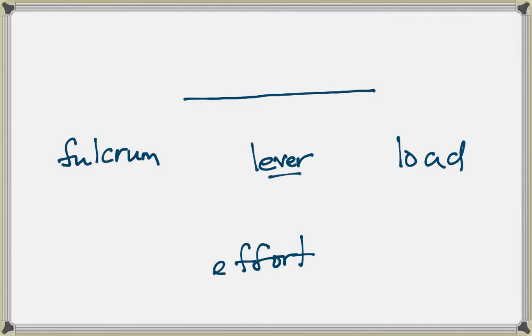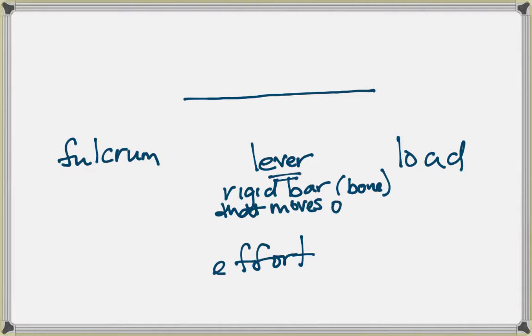And so a lever essentially is a rigid bar. In our case, it's going to be a bone. Okay? And this is going to move on a fixed point. That fixed point is what's known as a fulcrum.